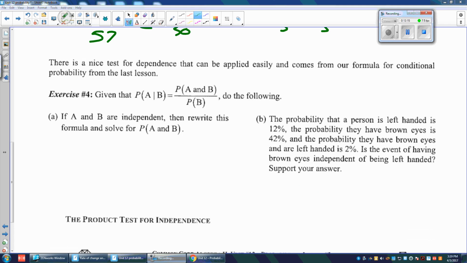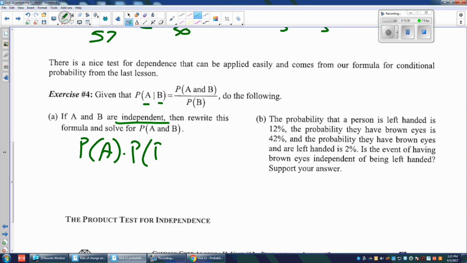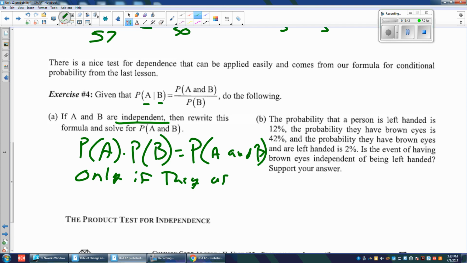I'm going to speed this up a little bit. Given that A depends on B, if they are independent, then the probability of A times the probability of B equals the probability of A and B. Only if they are independent. Okay?